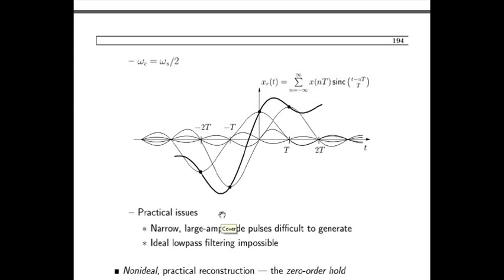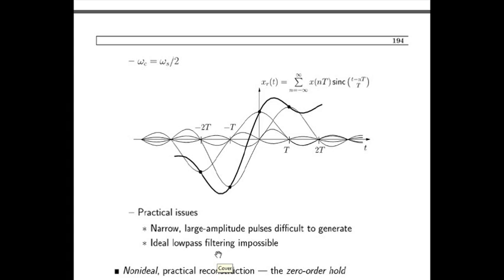As you all know, ideal low pass filtering is impossible. The second issue is that narrow, large amplitude pulses are difficult to generate, which means that until now we have been talking about impulse trains, but generating impulse trains with zero width is not possible. So there is a practical issue there.